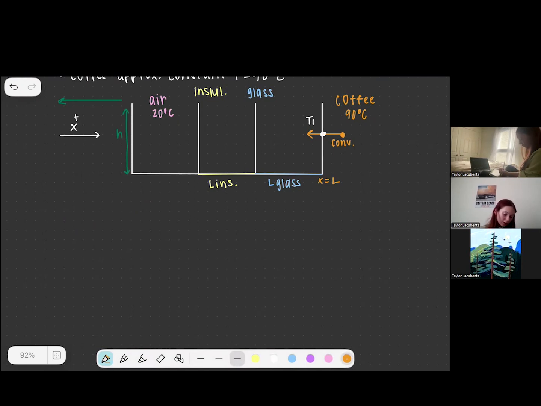So we can model our heat of convection as H times the area multiplied by T infinity of the coffee, because we know that the temperature of the coffee is constant no matter what the time, minus the temperature at position 1.